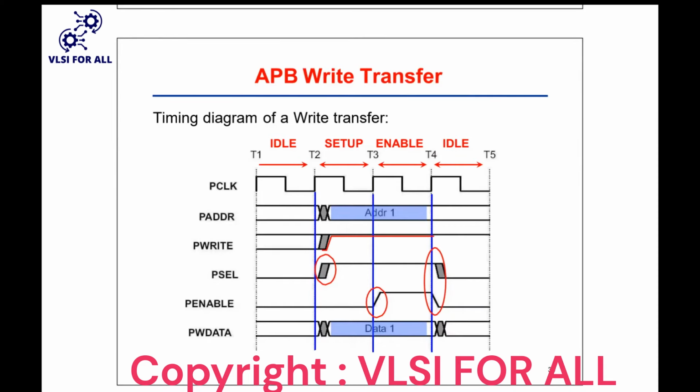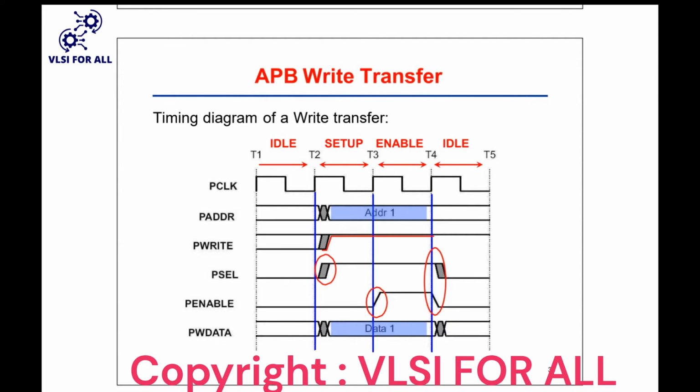Now you are getting how we decide the idle state: PSELECT and PENABLE are both 0. But in between T2 and T3, you can see selection is high, shown by that circle, but enable is low. Selection is high and enable is low, which means we have entered the setup phase. You only have to see the selection and enable signals; on that basis you can decide whether you have entered the idle, setup or enable state.